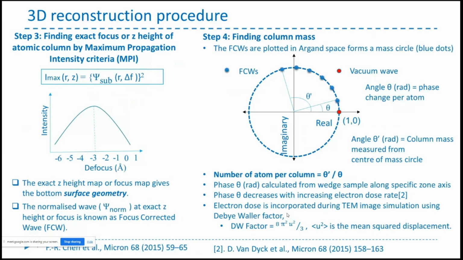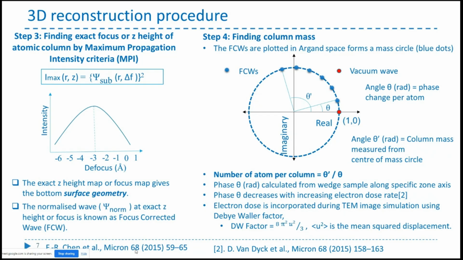There is work done before. Furong Chen and Mendy came up with an equation in 2015 called the maximum propagation intensity criterion. You propagate your reconstructed wave in vacuum, and where you have the maximum intensity, that focus value is the exact focus value of that atomic column.